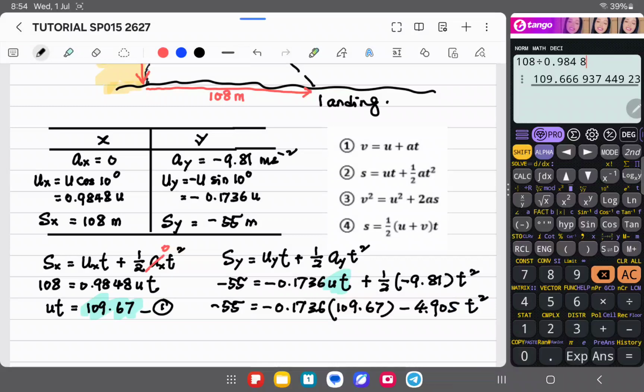Now I solve for the value of t. I obtain t to be around 2.7 seconds.